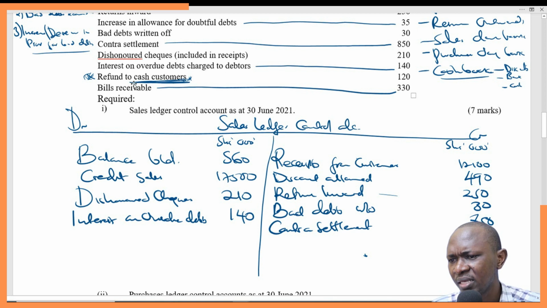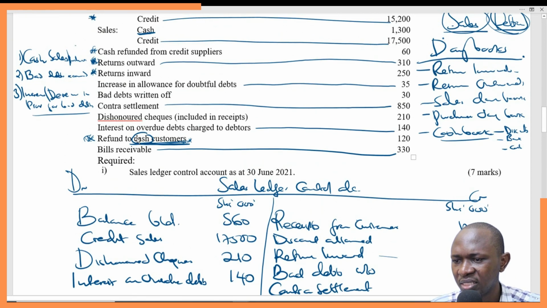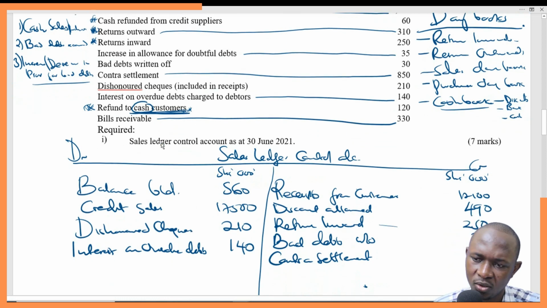Otherwise, if it was just a refund to the debtors, possibly that would have the effect of increasing their liability, but let's leave it out because the question is very specific. Refund to cash customers. Remember, we did not include the cash sales. So this is cash customers, so let's leave it out.